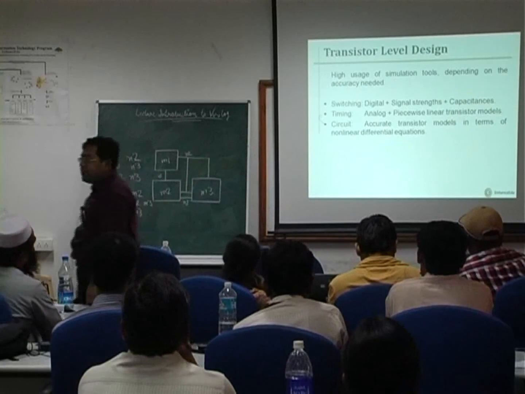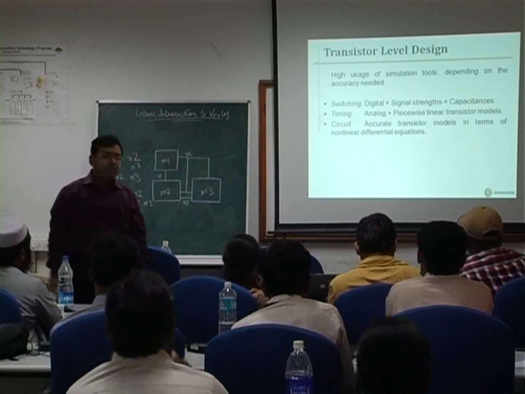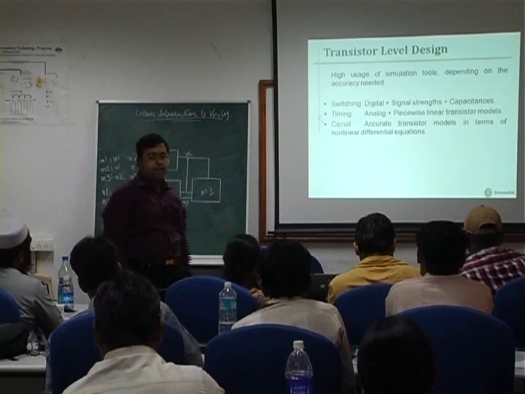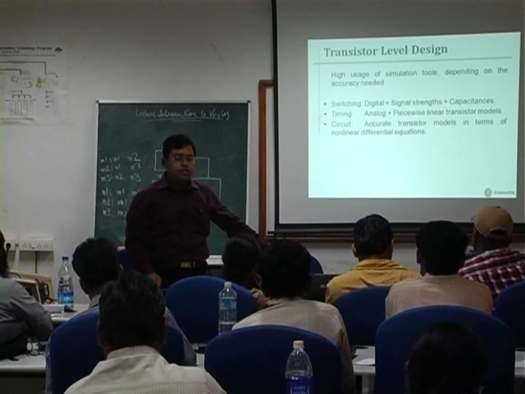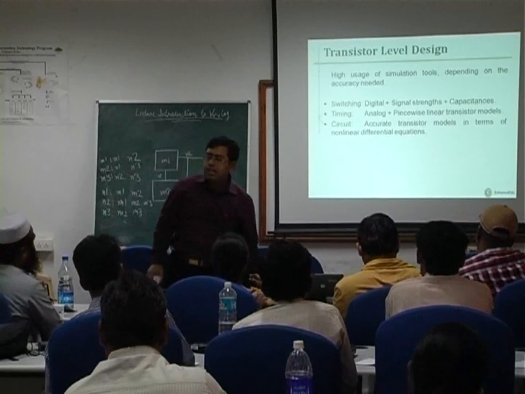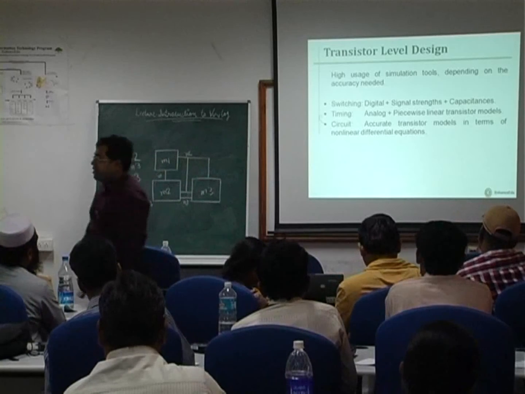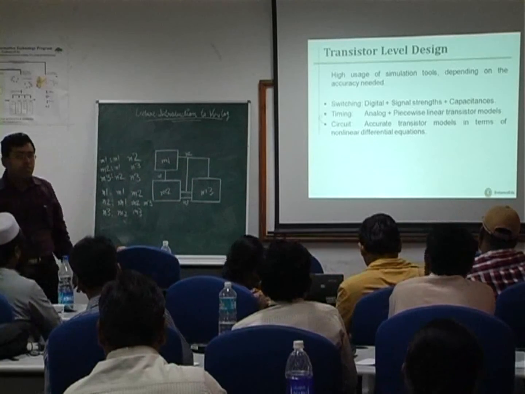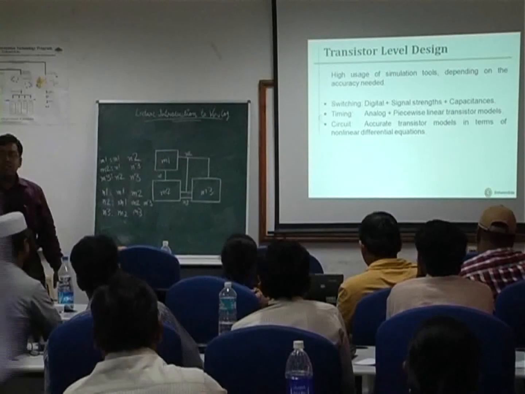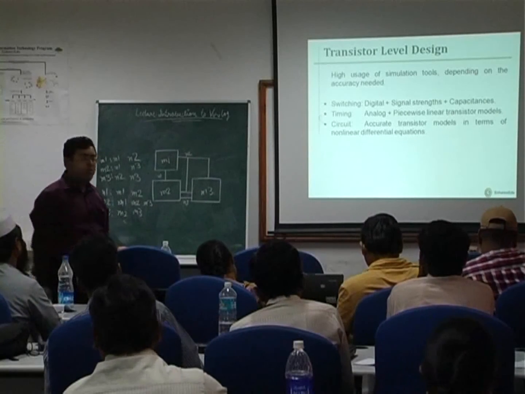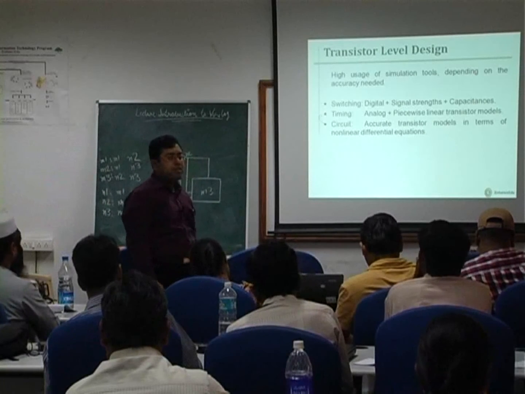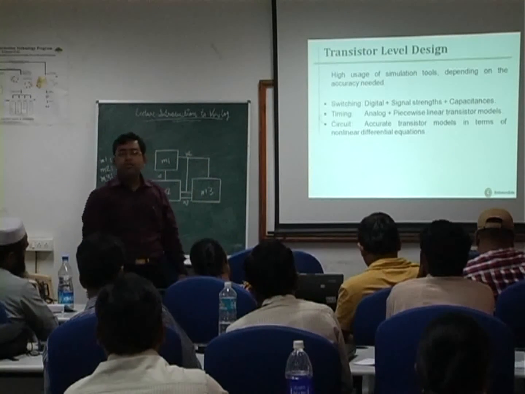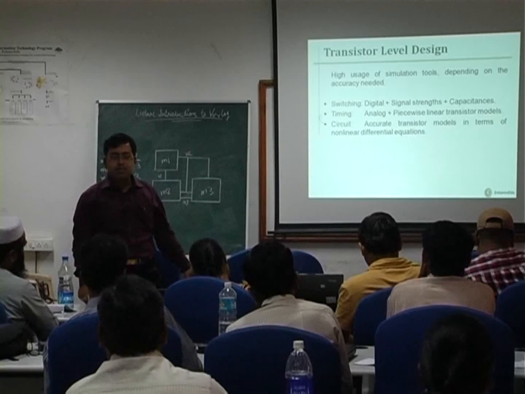Below the gate level comes the transistor level, at which we express each gate as an interconnection of transistors. In fact, in earlier days, when people were not too much bothered about optimizing the circuits, people would directly translate each gate into an interconnection of transistors without applying any optimization in that step.